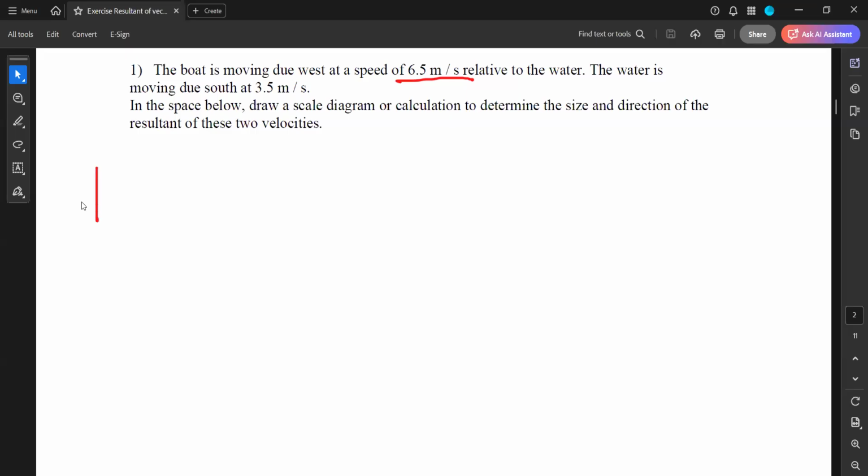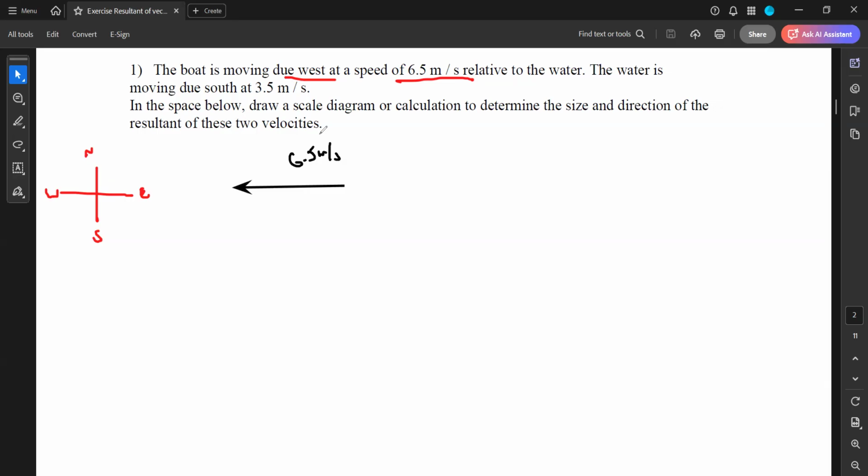We have the compass here: north, south, east, and west. The direction of the boat is due west at a speed of 6.5. So what is the vector for this velocity? That is 6.5 meters per second, in the direction in which the boat is moving.